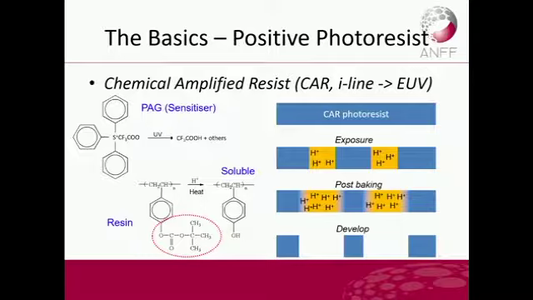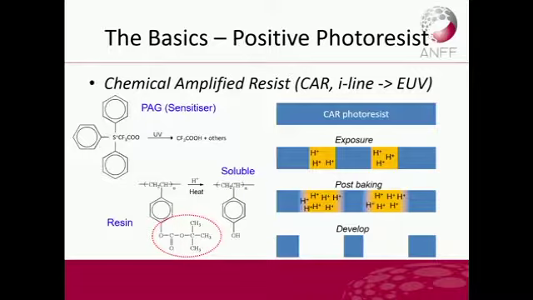This acid will then attack the polymer resin, which is the backbone. The way we describe this attack is called a deprotection. When the acid deprotects the resin, you end up with this very soluble phenol polymer that can be developed into your photoresist.